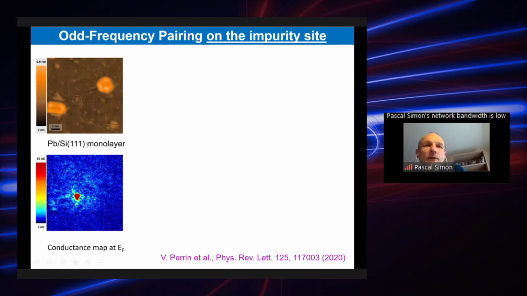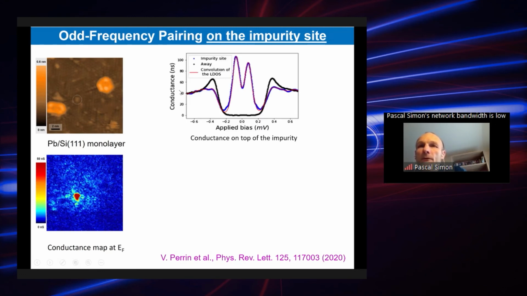Here we consider lead on silicon 111, and they have a bunch of impurities. So this is a 2D map of one Shiba state at zero energy. And this is what the density of states looks like. Away from the impurity, in black, you just recover your standard substrate density of states and the gap, and you have these two nice peaks, which are two Shiba peaks.